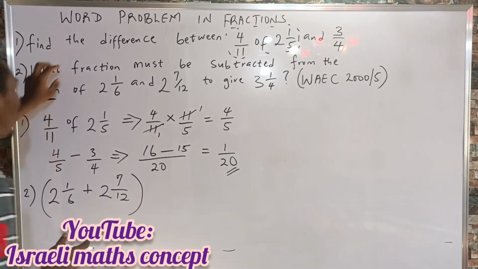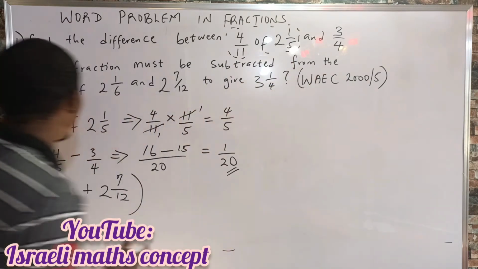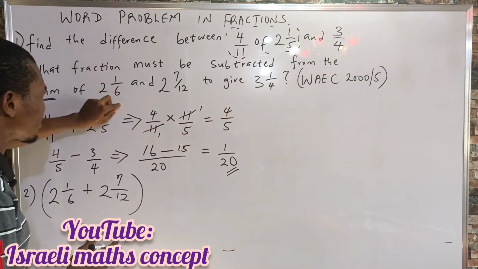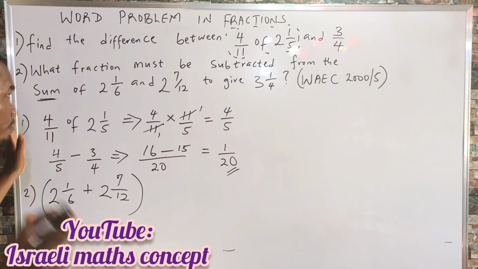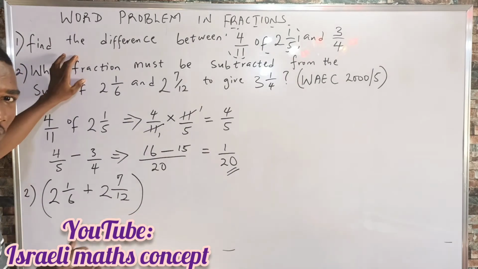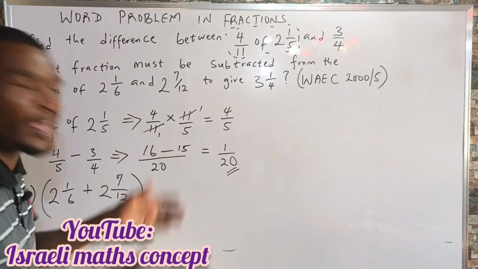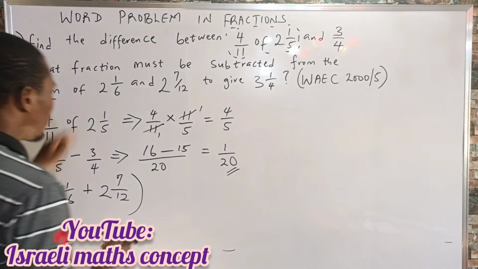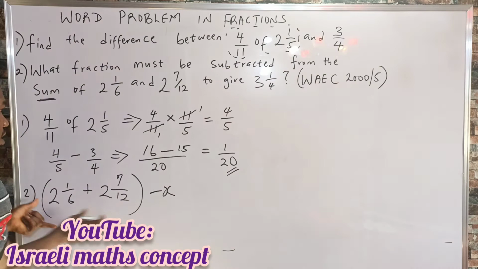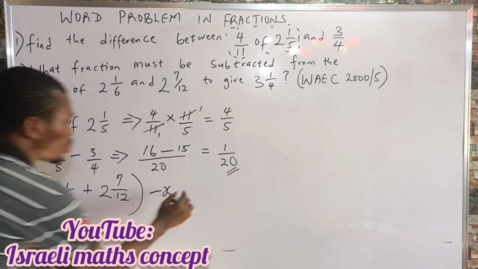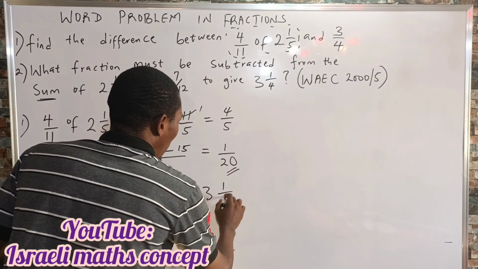So what fraction must be subtracted from the sum of 2 whole number 1 over 6 and this to give this? Very simple. We don't know that fraction that must be subtracted, so let's assume the fraction to be x. Then when we subtract x from this given sum, it should give us 3 whole number 1 over 4.